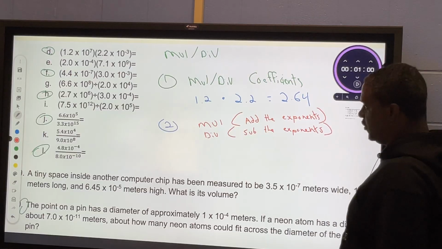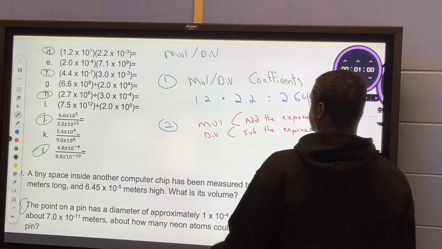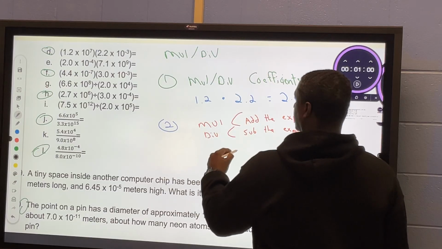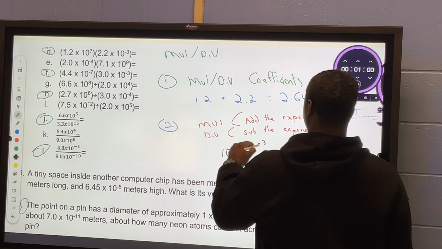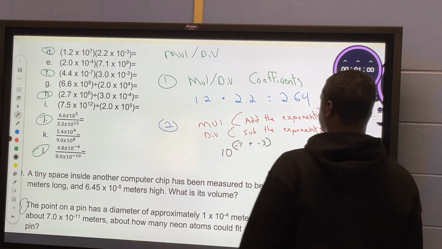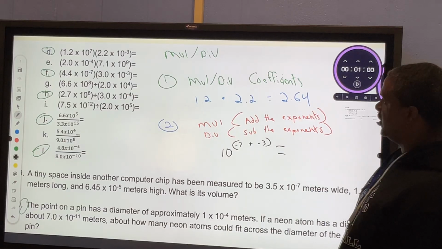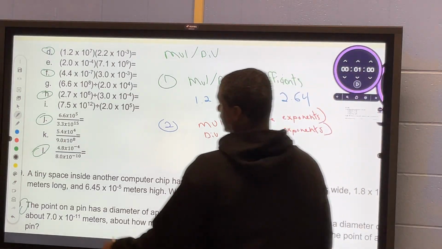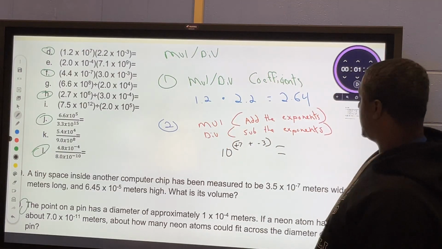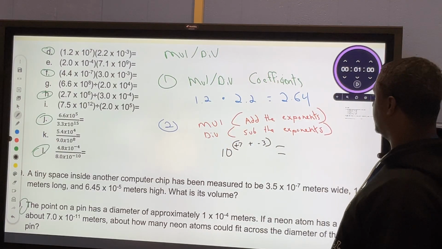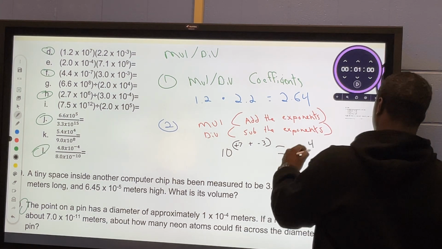Since we're multiplying on this one, we add the exponents. What are my exponents? Oh, I'm looking at F. So probably 7 plus -3. That's positive 4, and that's 10 to the power 4.